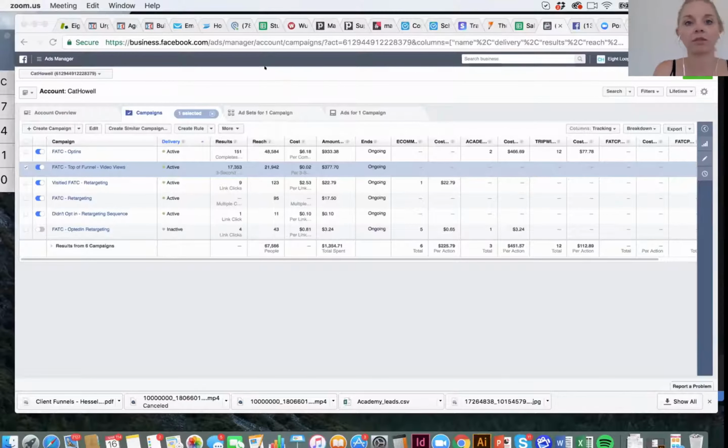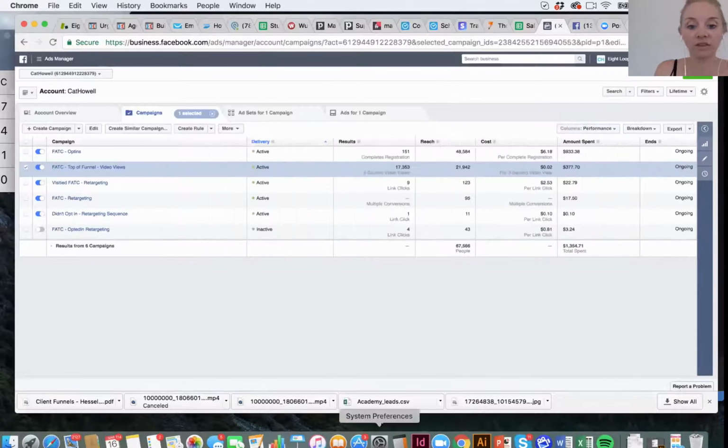Okay, perfect. So what I want to do right now, guys, is I want to show you analytics or understanding the analytics of the campaigns that you're running for your clients and how to pull up all of this data and how to look at it and how to digest it and how to understand what you're looking at, because this is a really, really big part about being a Facebook marketer.